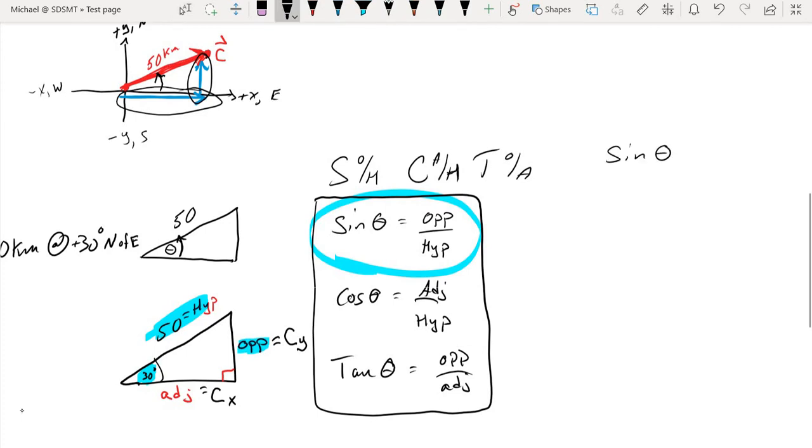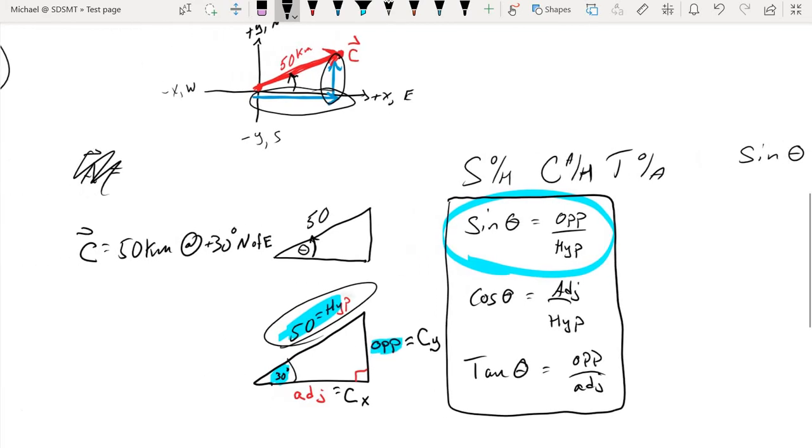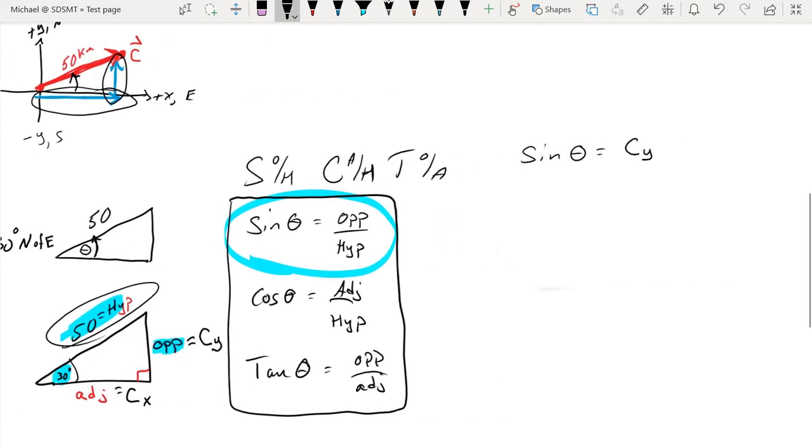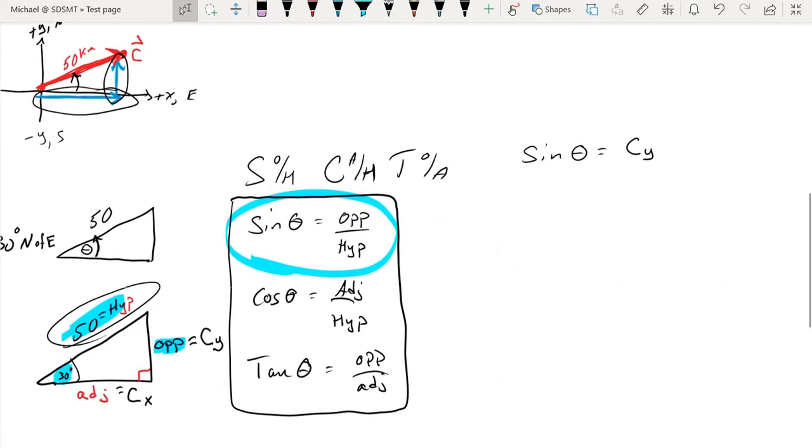Sine of our angle theta is equal to the opposite leg, which we are now calling the y component of vector C, divided by the hypotenuse. Well, the hypotenuse is 50, and that's just the magnitude of vector C. And so we can say that the hypotenuse is equal to the magnitude of vector C.